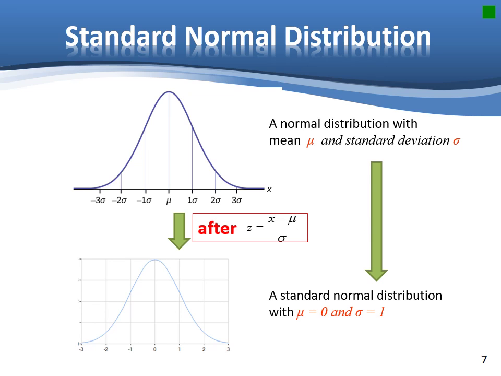We can convert all normal distributions to the standard normal distribution using the z-score, so that we can use the z-table and find the probabilities. The formula is: z-score equals x minus the mean, divided by sigma.